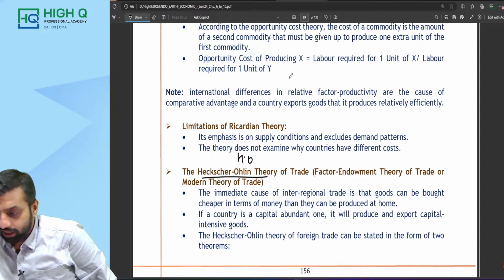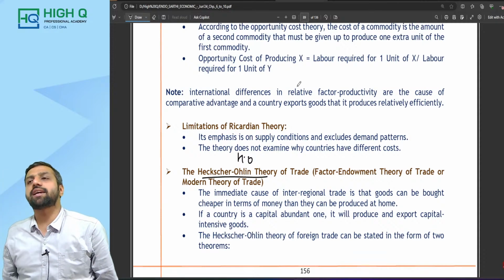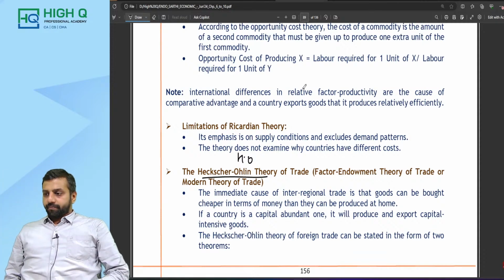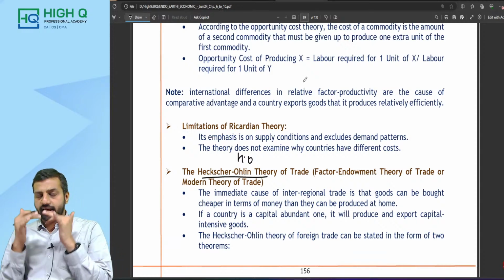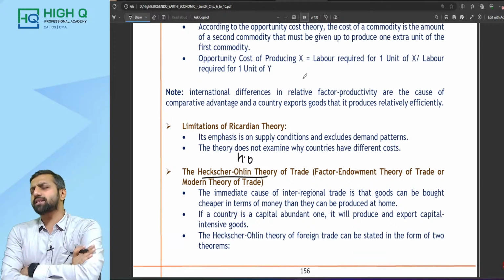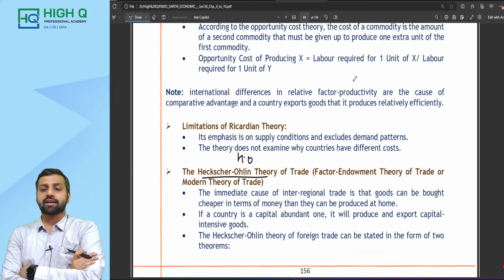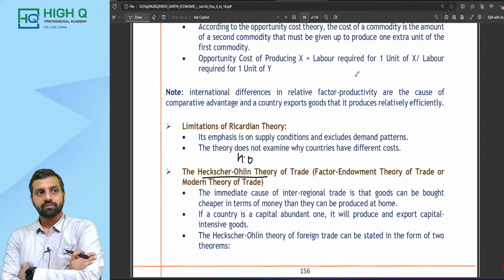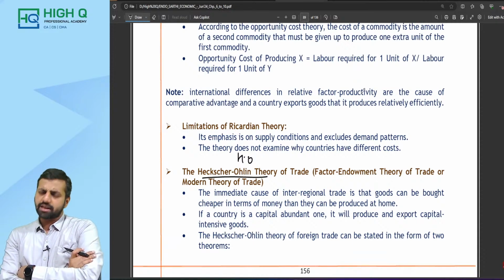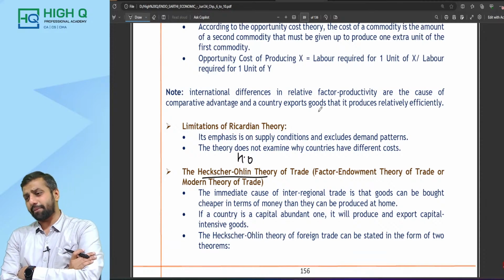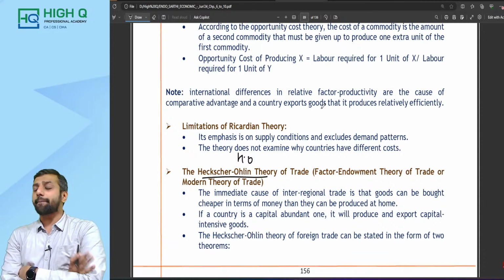Now factor endowment means what? Every country has a different set of resources. Some country has more of a particular resource, less of another particular resource. Like USA is abundant in capital but scarce in terms of labor. India is abundant in labor but scarce in capital. So in India, labor is cheap, capital is expensive.